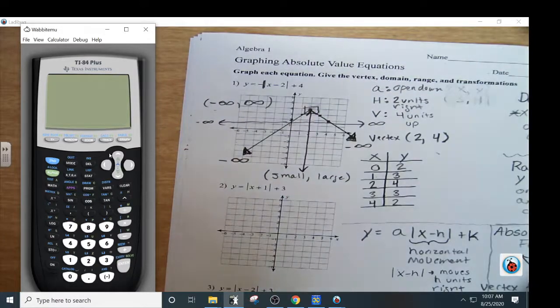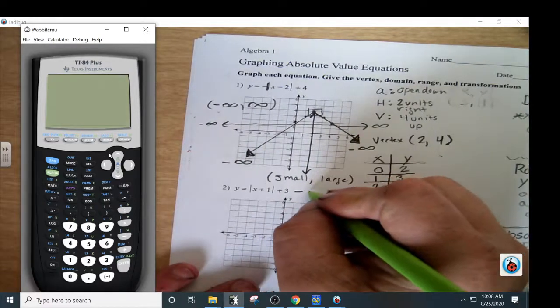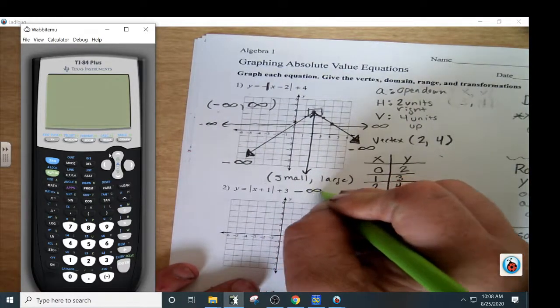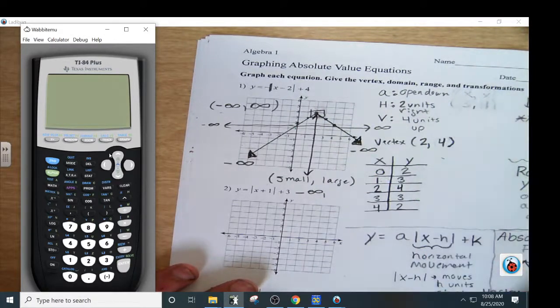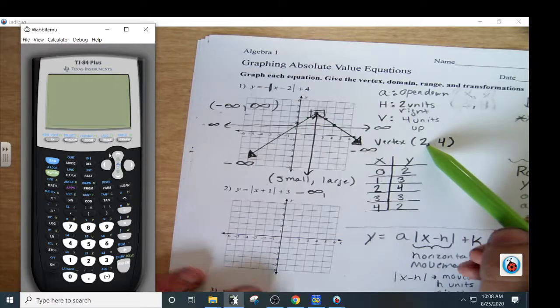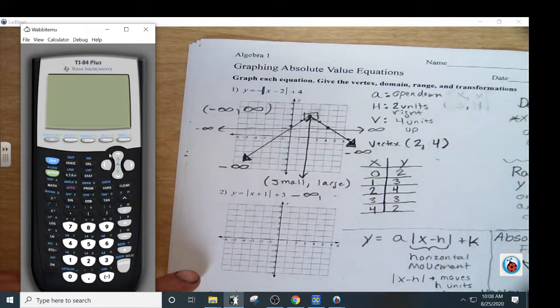As far as the y values go, it goes up. So we know that it goes from negative infinity to the y value of the vertex. Why is it not 2? Why do I not put 2 here? Why is it 4 and not 2 on my range?